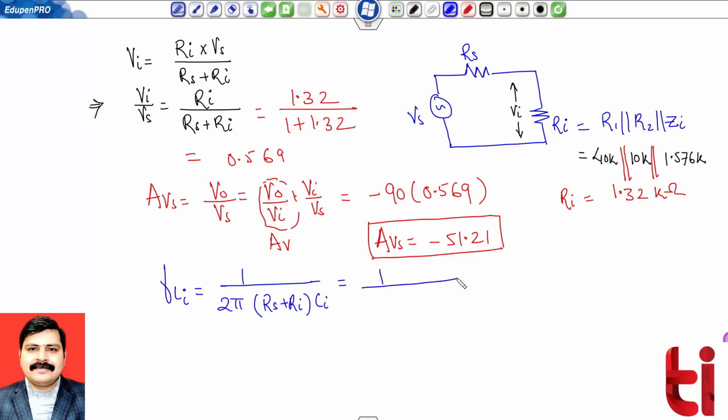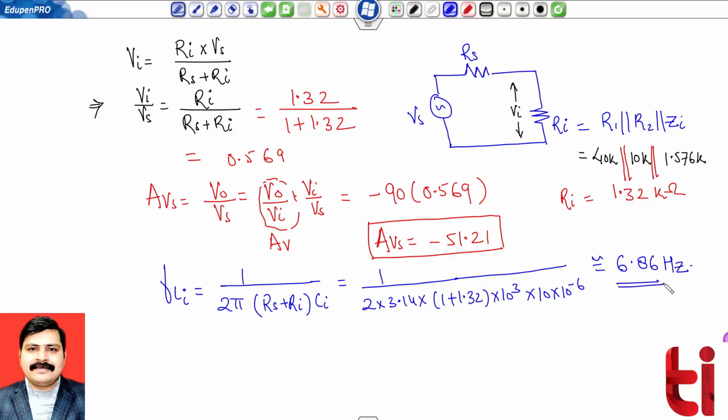So directly putting the values, 1 upon 2 into 3.14 multiplied by Rs is 1K plus Ri we have calculated as 1.32, multiplied by 10 raised to power 3 as given in kilo ohm, and the value of input capacitance Ci was 10 microfarad, so 10 into 10 raised to power minus 6, and this frequency comes to an approximate value of 6.86 hertz. So this is the lower cutoff frequency with the effect of input capacitance Ci.